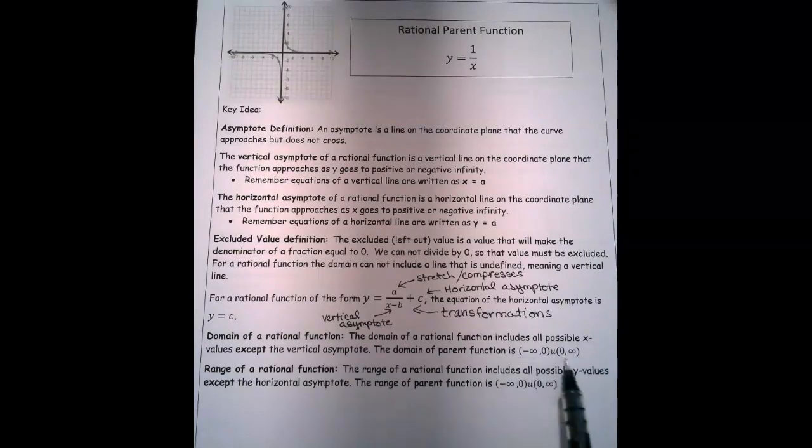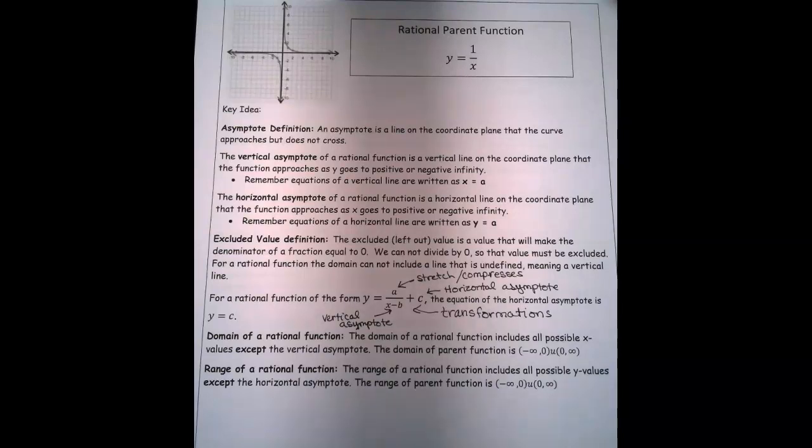Now, for the parent function, this is the domain. What we're really saying is all of our possible x values are from negative infinity to 0 or 0 to positive infinity. The same thing with the range. The range of a rational function includes all possible y values except the horizontal asymptote. So the range of the parent function is negative infinity to 0 or union 0 to positive infinity.